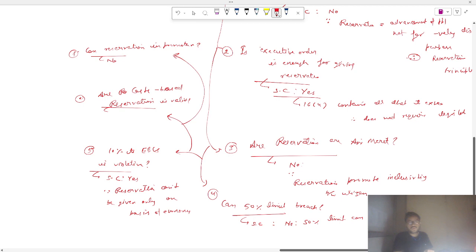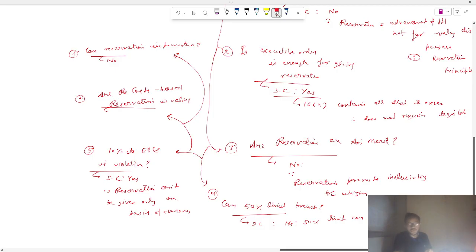So what will you do with the vacant seats? The question is whether these seats can be forwarded to the upcoming year. The Supreme Court said yes, it can be done, but seats can be forwarded without breaching the 50% limit of reservation. So reservation can be transferred to the upcoming year, but these transfers cannot breach the 50% limit.